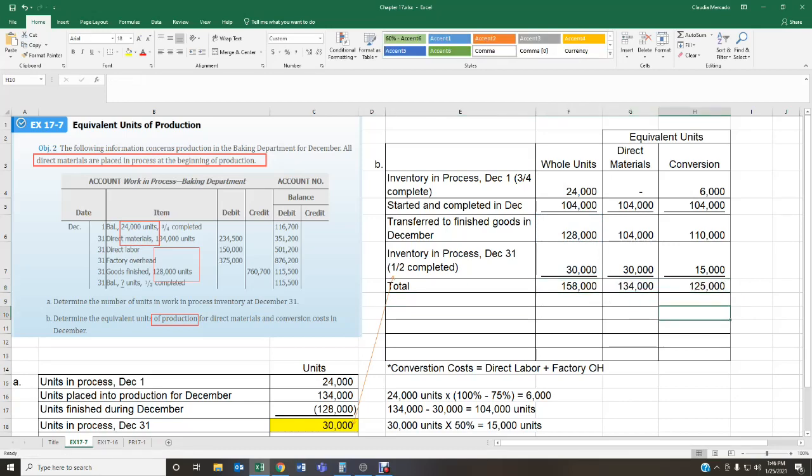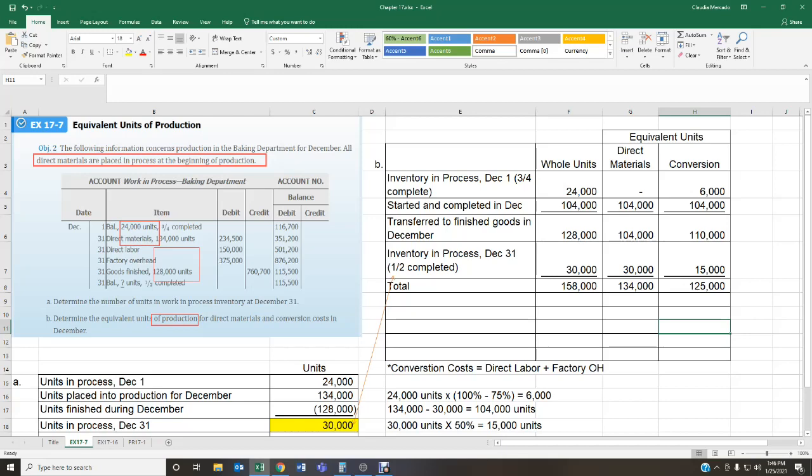If you're using Excel, you can just select the cell, look at the little corner, grab it, and then just carry it forward, and you'll copy the formula. So that's 128,000 plus 30, that's 158. 104 plus 30, that's 134. 110 plus 15, that's 125. Those are your totals for your whole units, your direct materials units, and your conversion cost.